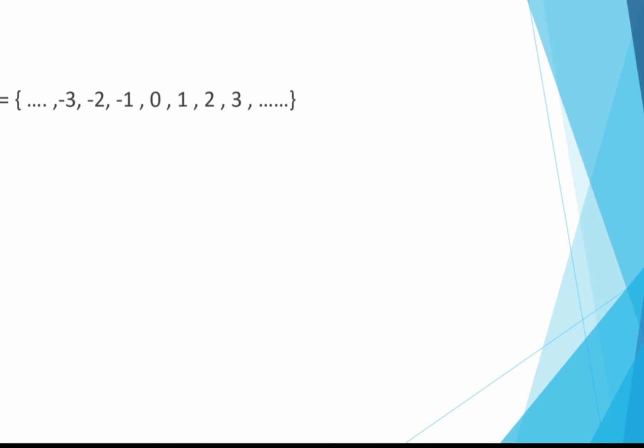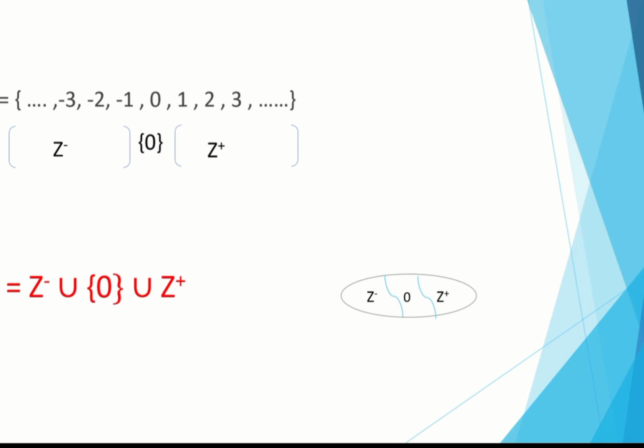So Z contains negative numbers, 0 and positive numbers. Negative numbers we denote by negative Z, 0 is the set of 0, and positive numbers we denote by positive Z. So Z equals negative Z union set of 0 union positive Z. And we draw it in a Venn diagram like this.